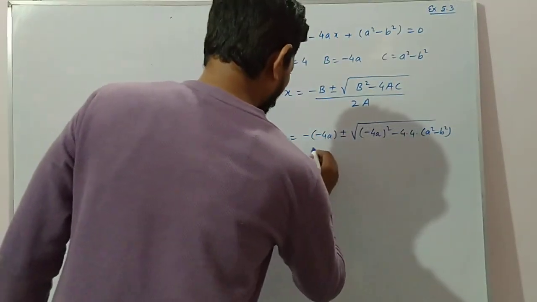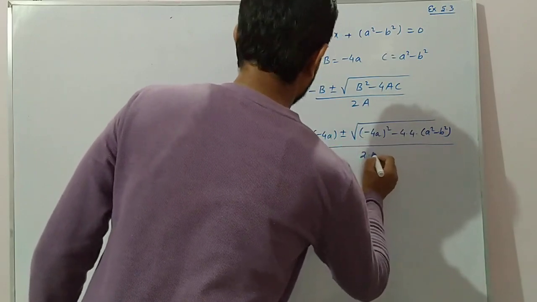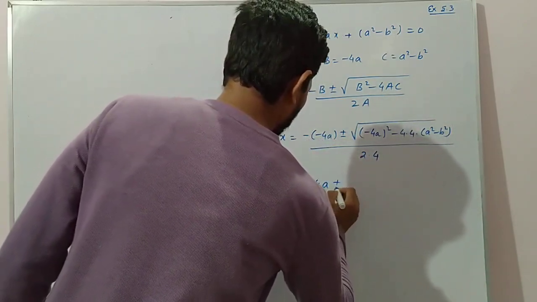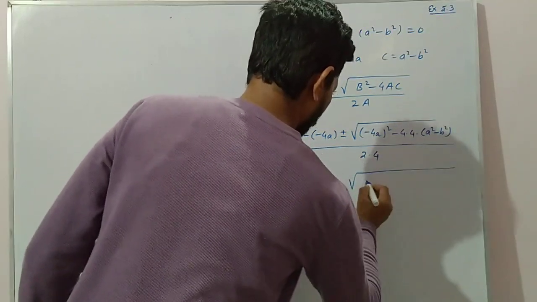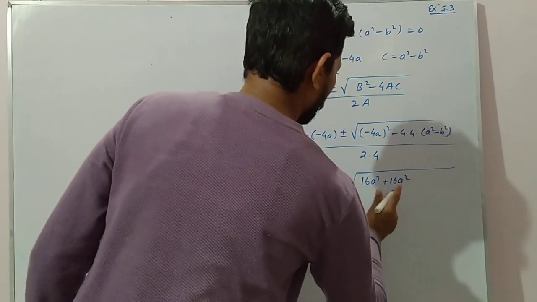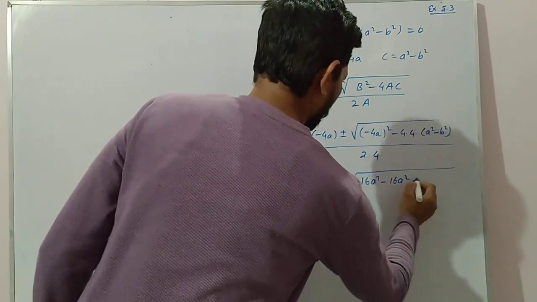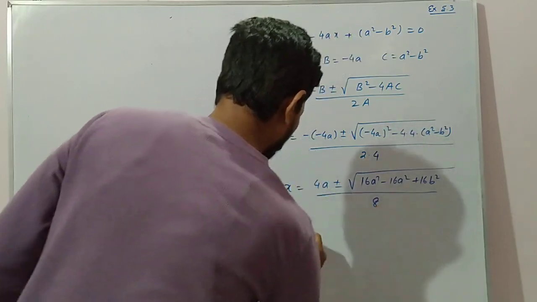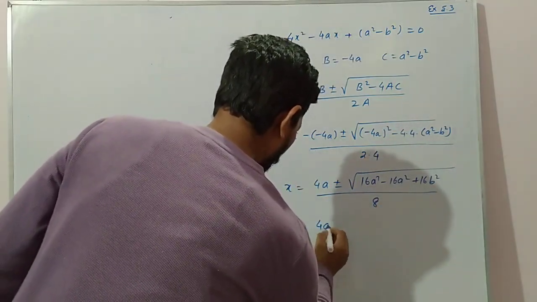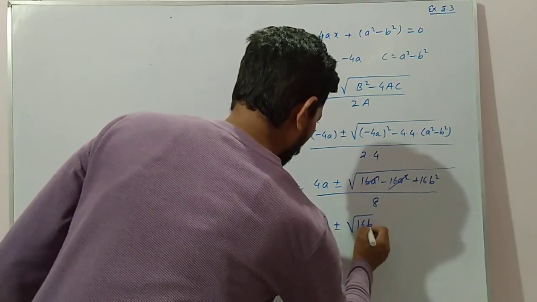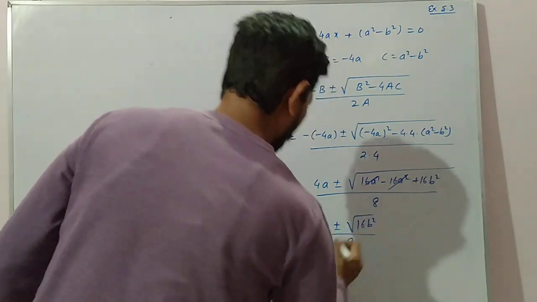By 2a, that is 8. So x equal to 4a plus or minus root over 16a square plus 16a square minus 16a square plus 16b square by 8. X equal to 4a plus or minus root over 16b square by 8.